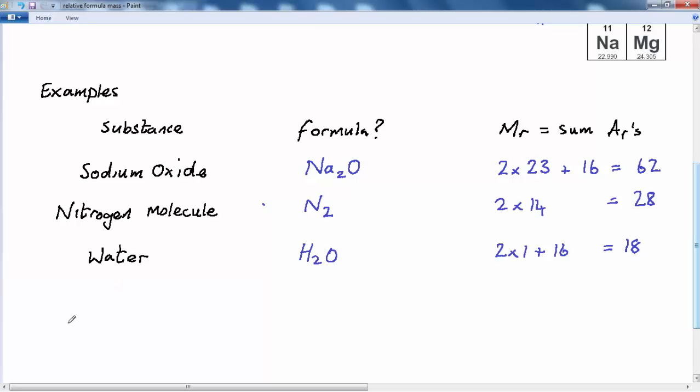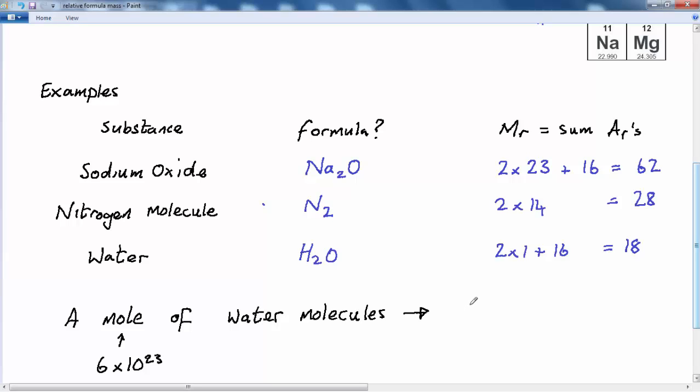take a mole of water molecules, and a mole, you'll learn about that in the next lesson. Okay, this is just a very, very big number, and it's equal to, in fact, approximately 6 times 10 to the 23. That's a huge number. But if we take a mole of water molecules, then they will weigh exactly 18 grams.